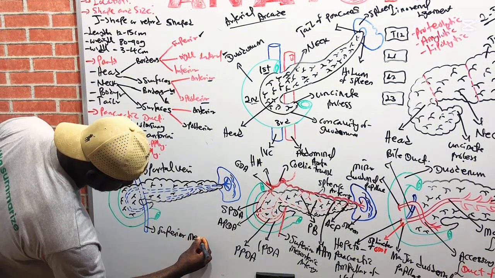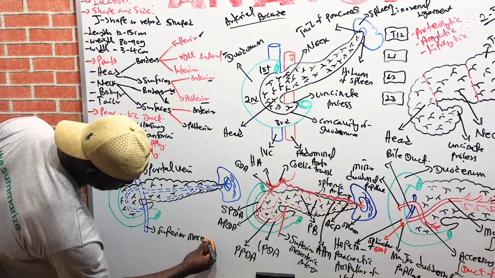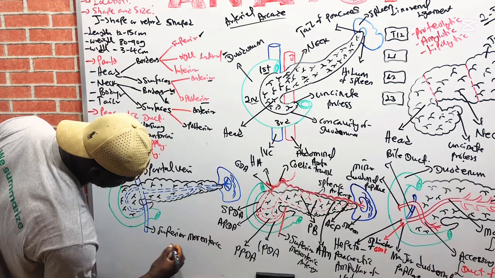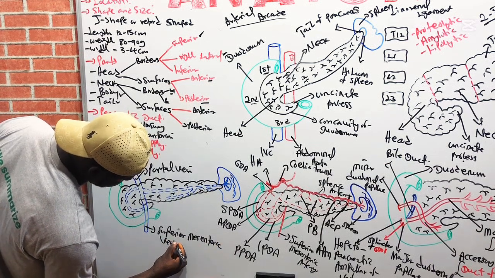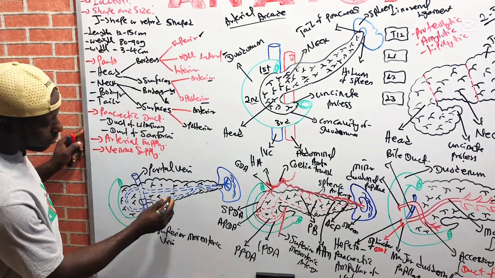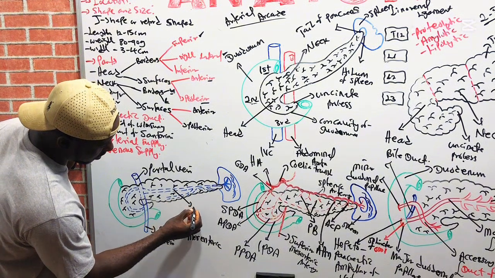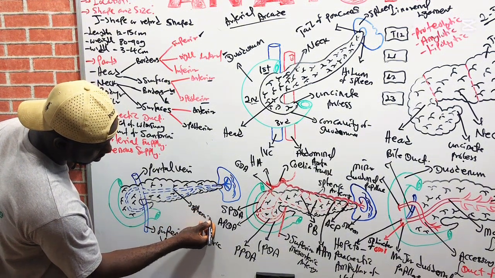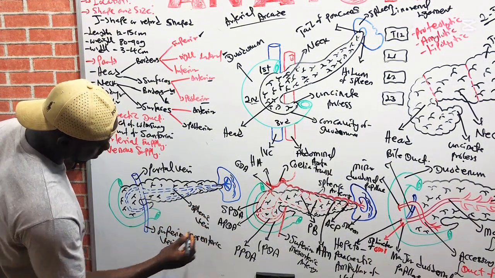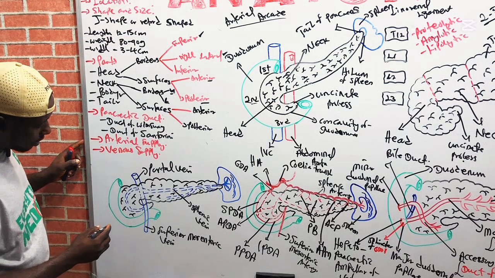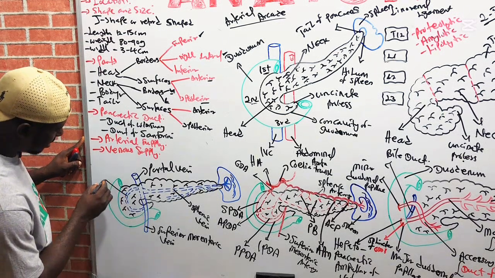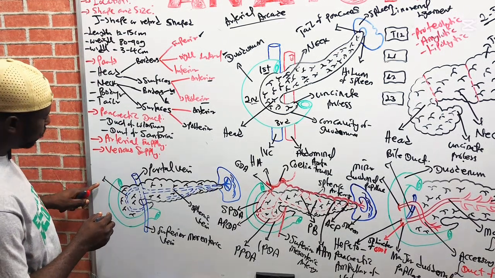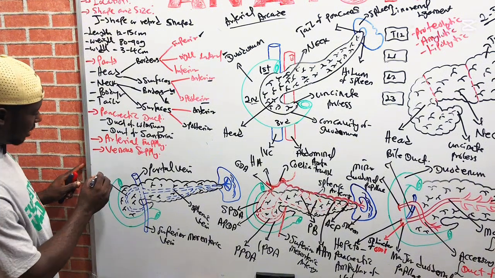Superior mesenteric vein. This is the splenic vein, right? This is the superior pancreaticoduodenal vein.